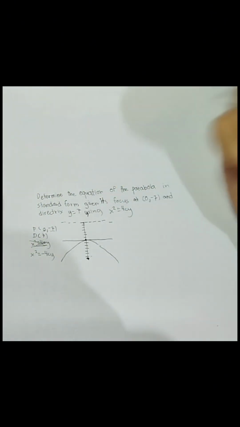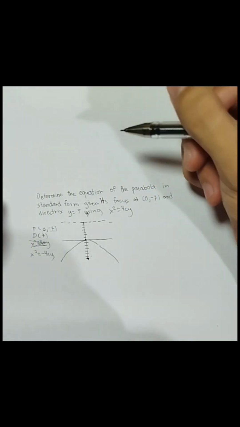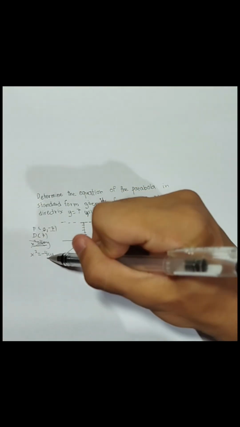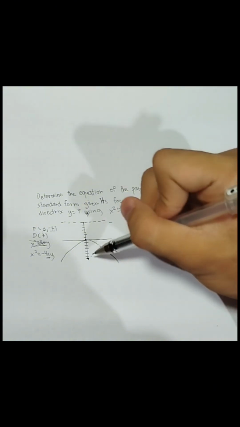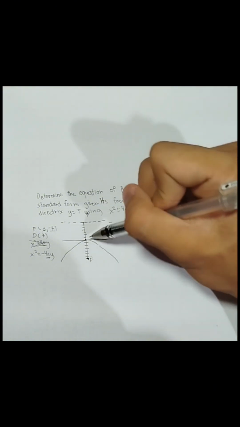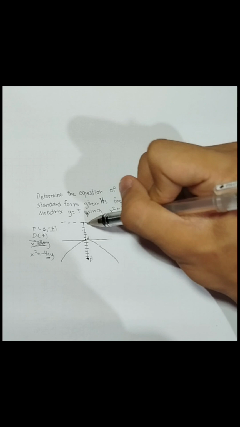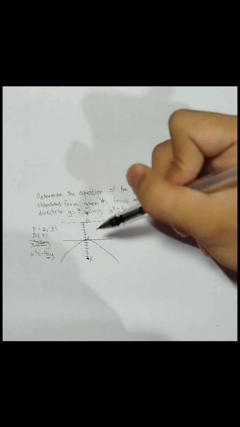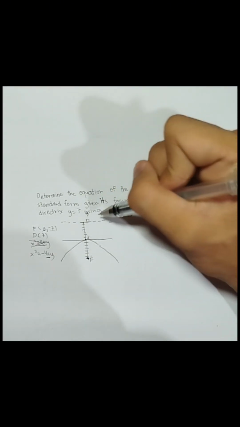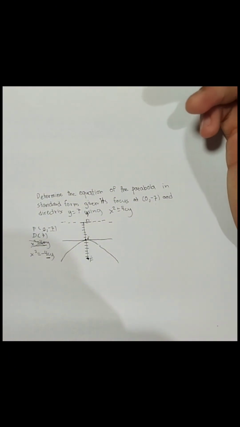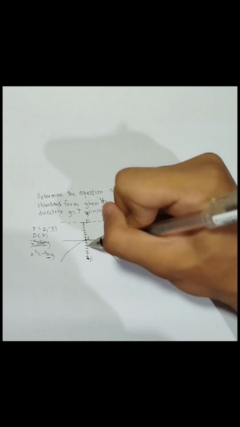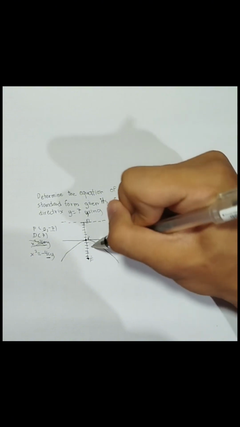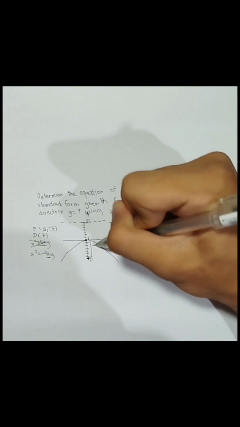And now we're going to find its standard form. First, we're going to find c. Our c is the distance between our focus to vertex and vertex to directrix. Since I have told you before that focus to vertex and vertex to directrix have the same length, we can just find one of them. If we count it here, 1, 2, 3, 4, 5, 6, 7, the distance between the focus and the vertex is 7.